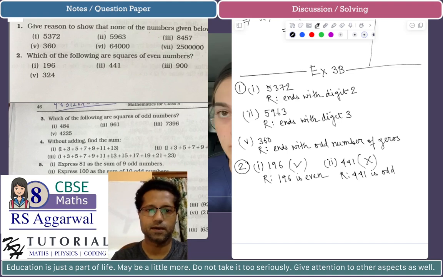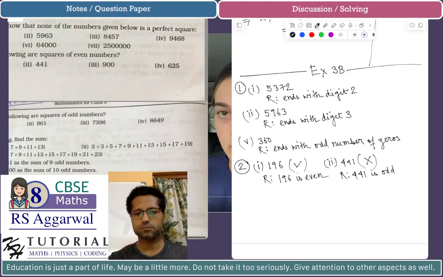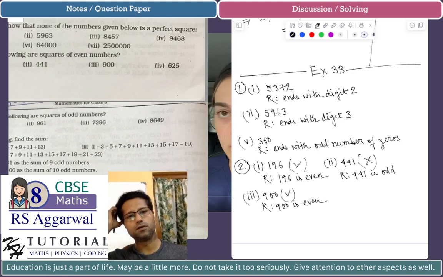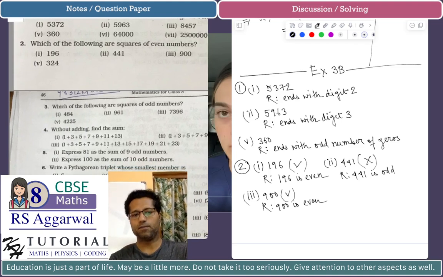So the rest I think you can do. 900, yes, because 900 is even. 625, no, because 625 is odd, so the number whose square is 625 also has to be odd. 324 is true. 324 is an even number, so it will be the square of an even number.